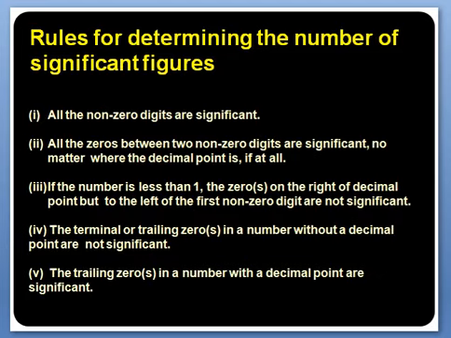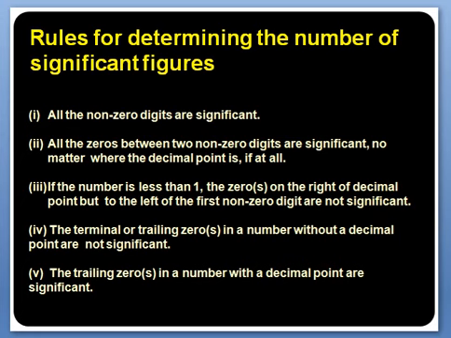And what are the rules? How can we find out the significant figures? Let us see some very important rules for determining the number of significant figures. The first rule: all the non-zero digits are significant. Suppose 2.374, and you have been asked how many significant figures are there in 2.374.